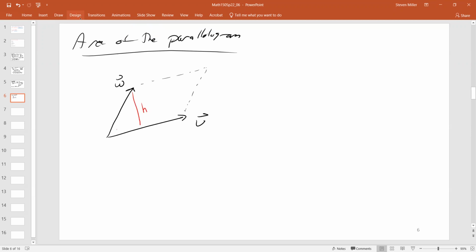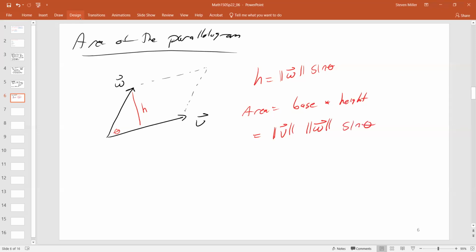Well, if this is theta, then the height is just the length of W times the sine of theta. So the area, base times height, is going to be the length of V times the length of W times the sine of theta.